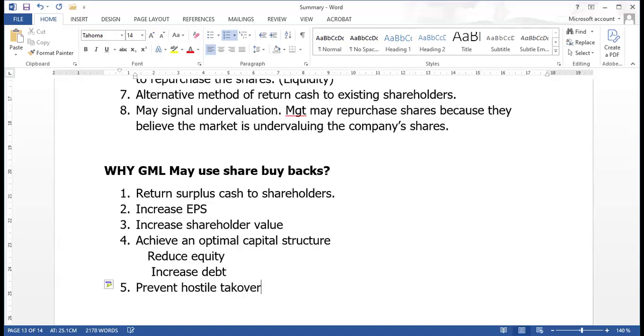Very, very key. Reducing the number of publicly available shares makes it more difficult and expensive for potential acquirers to obtain a controlling interest. Remember, we are buying back the shares.